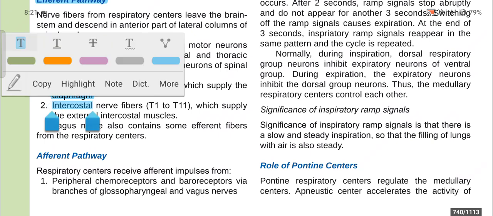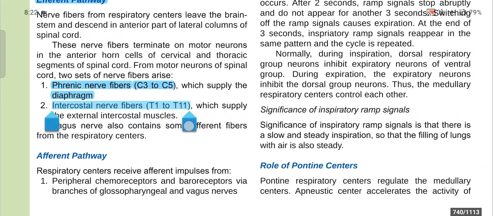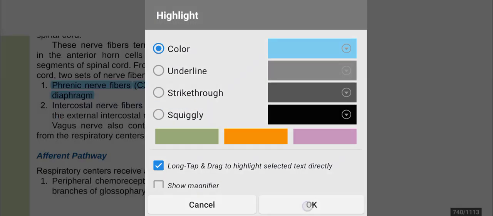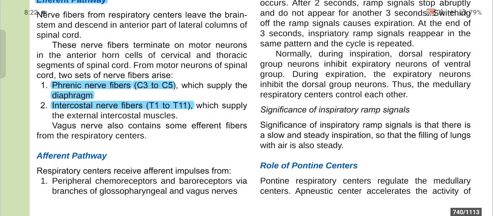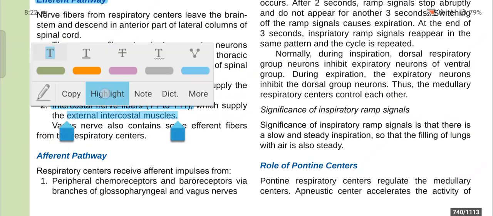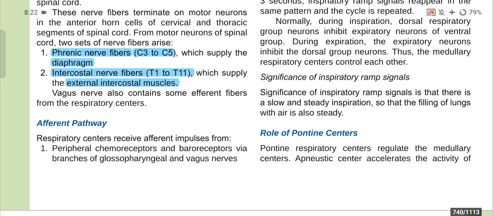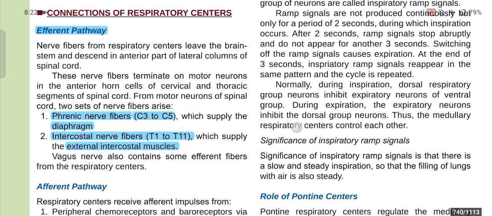And number 2 is the intercostal nerve fiber for T1 to T11, and this supplies the external intercostal muscle. Now, the vagus nerve also contains some efferent fibers from the respiratory centers. This is the efferent pathway.